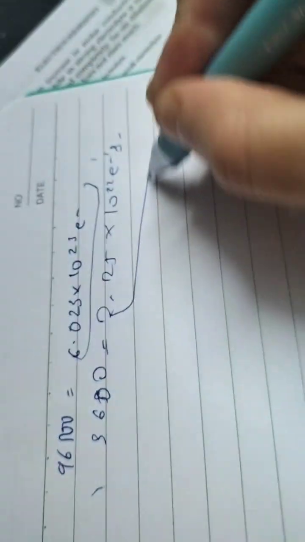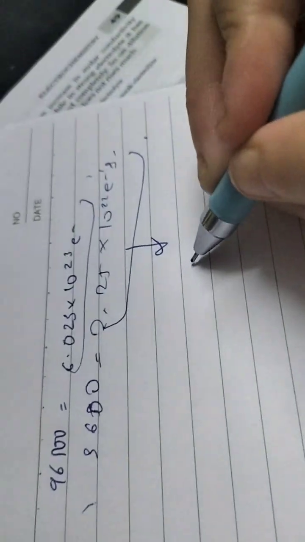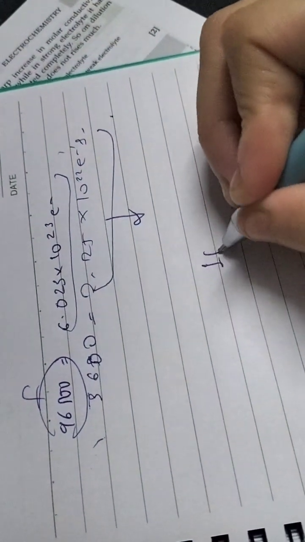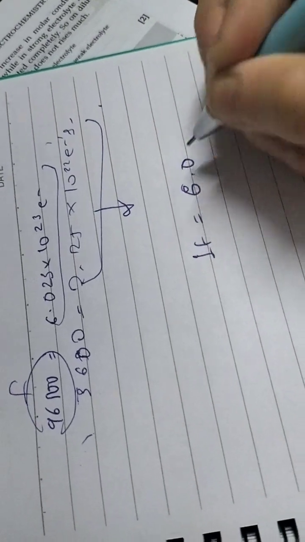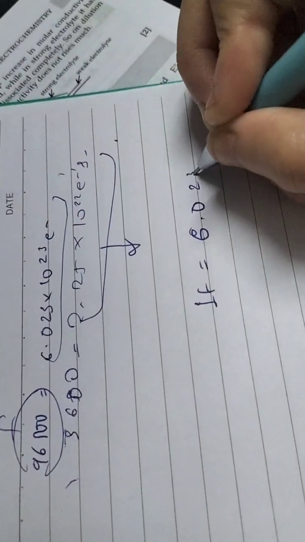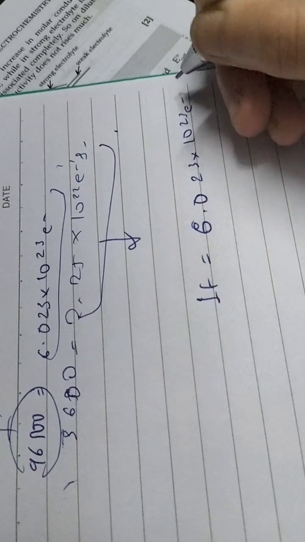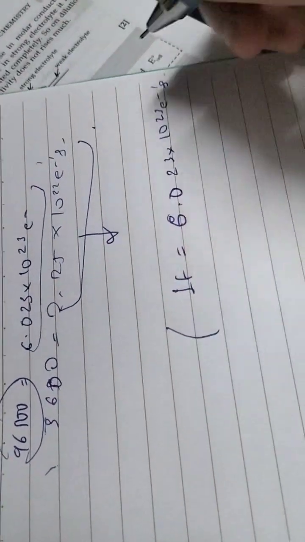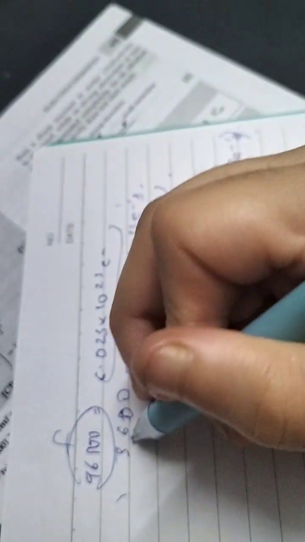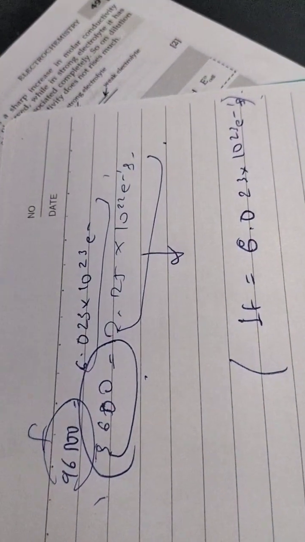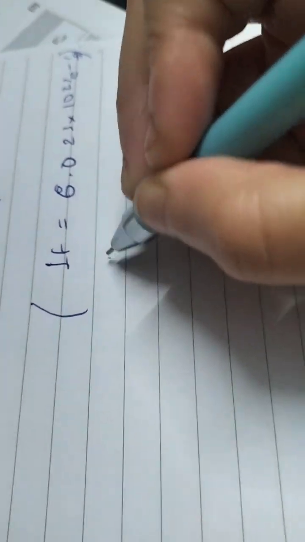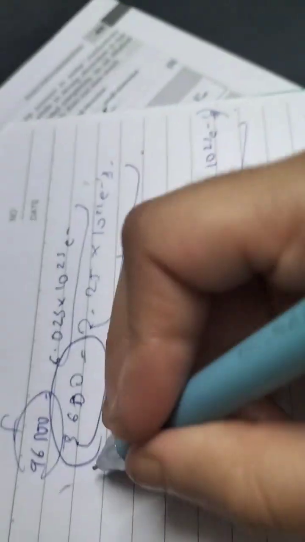Now, if you're confused as to how we got this value, let me explain. For 1 Faraday, we get 6.023 into 10 to the power 23 electrons. But this is for only 1 Faraday. If we want to find out how much will be for 3600 coulomb, we will divide this whole thing by this value and then multiply it with this value.